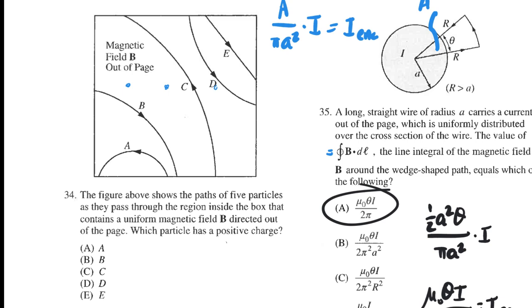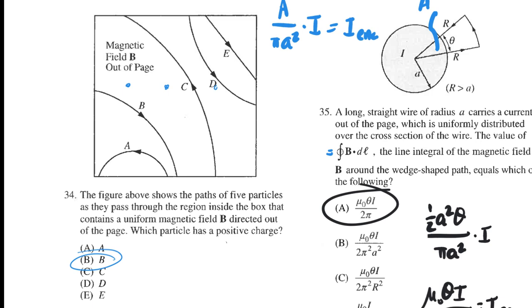So, which has a positive charge? Well, a positive charge, let's see, velocity and magnetic field, it's going to curve. All right, so I think it's B, if my right-hand rule is correct, so it's got to be B. I just tried them for the different ones and saw which ones curve the right way.